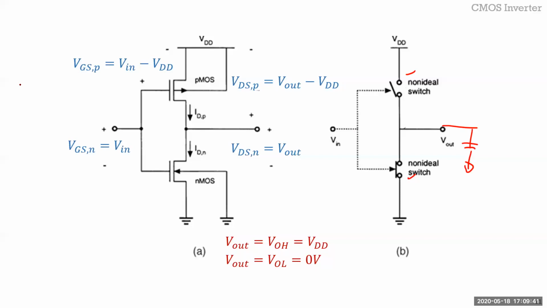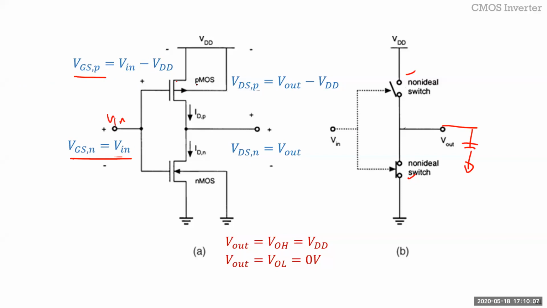Okay. And in this circuit, because we'll be writing some equations, I'm just going to give some definitions for it. The VGS for the NMOS device is obviously whatever the input voltage Vin is, right? And the VGS for the PMOS is Vin minus VDD, or if you want to take the magnitude of it, VDD minus Vin.